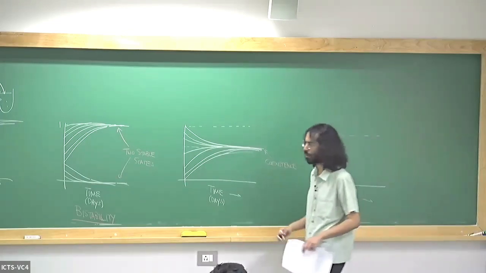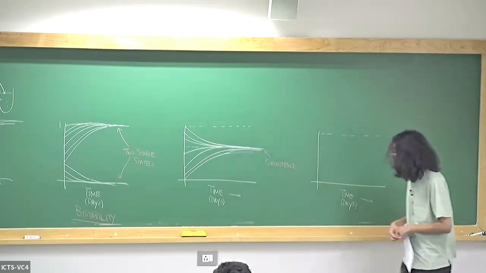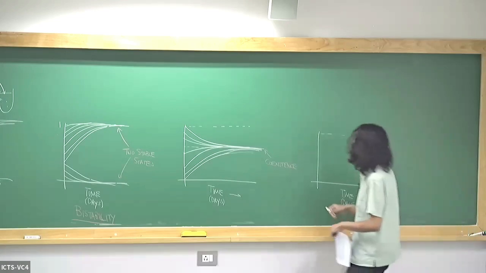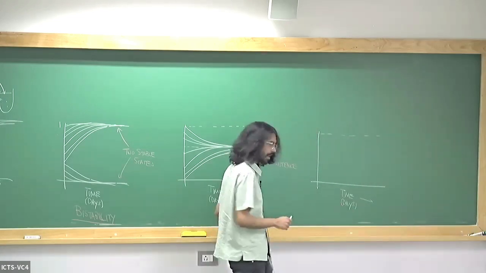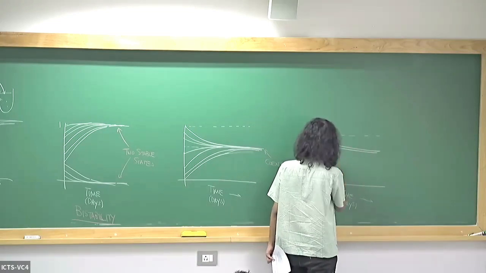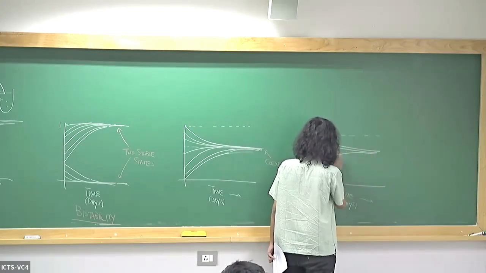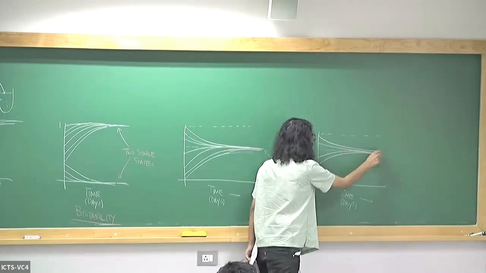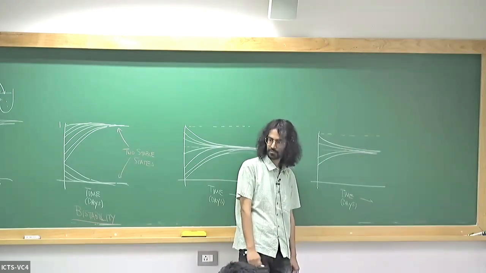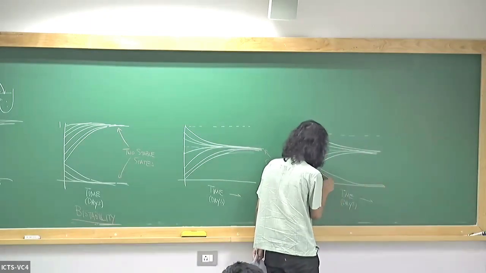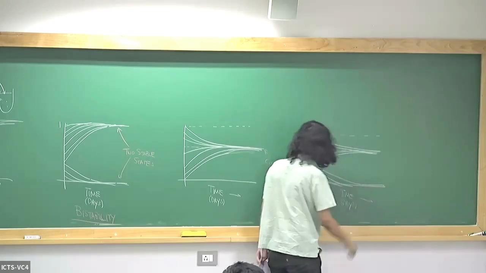We'll talk a little bit about maybe why in a second. What you could have seen, and nothing should prevent this from happening mathematically, is the following. In some set of initial conditions, you go to a coexistence fixed point, and in some other range, you have one of the species winning.